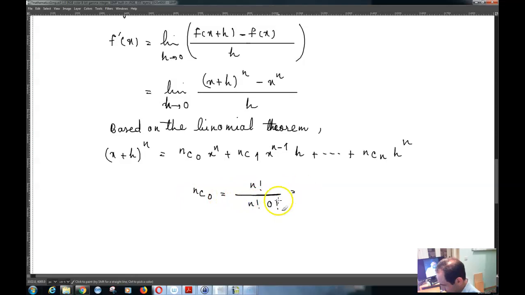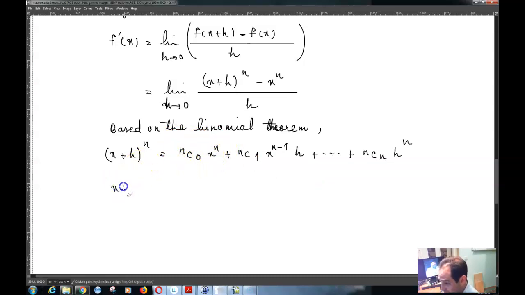I have forgotten the combination. 0 factorial is 1, so n combination 0 is equal to 1. So you can write this as n combination 0 is equal to 1, so that is x raised to the power n.